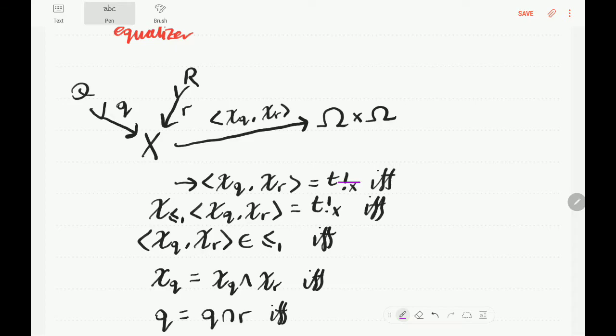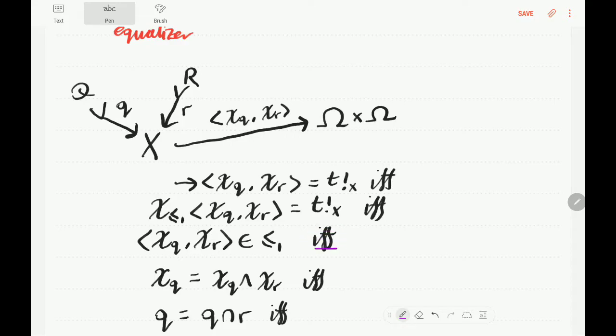Anyway, that's going to happen if and only if, well, this is just the same expression, but we've replaced this arrow with what it really is, which is the classifying arrow of less than or equal to 1. So this happens if and only if less than or equal to 1 of chi q comma chi r is equal to true after exclamation mark x. And now this happens if and only if chi q comma chi r is in less than or equal to 1.